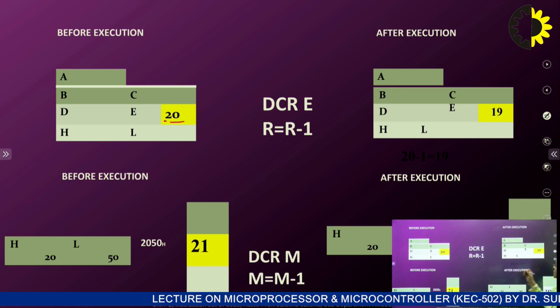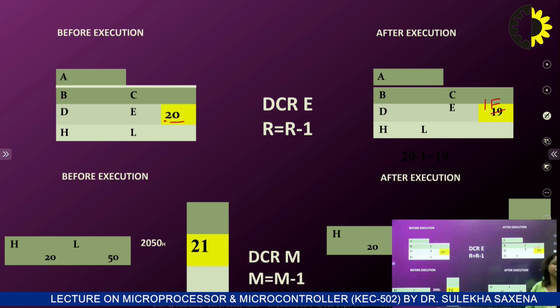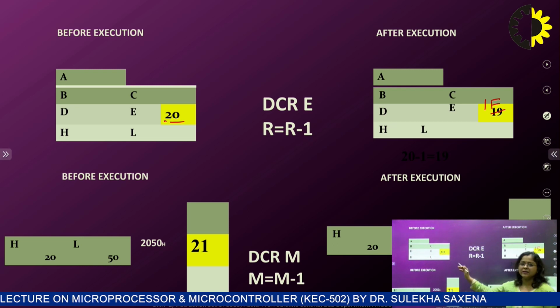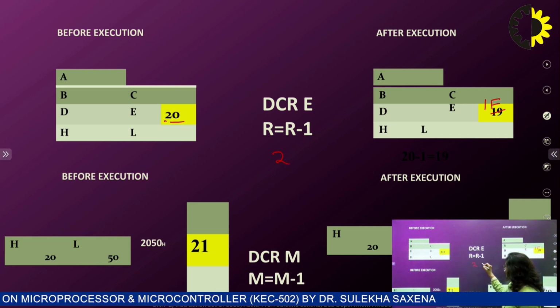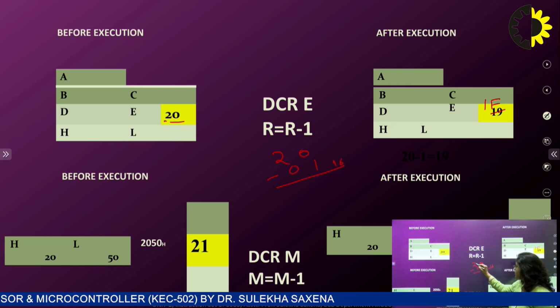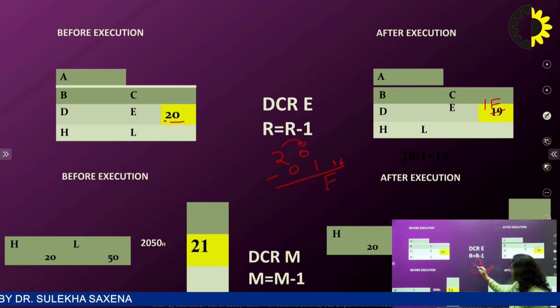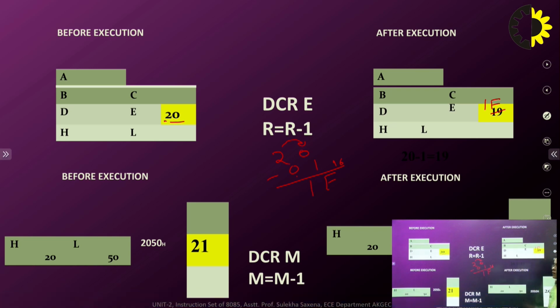Since it's a hexadecimal value, it will not be 19 but it becomes 1F. Since it's a hexadecimal value, 20 minus 01, the base of this number system is 16. So we have to take a borrow, which comes out to be 16. 16 minus 1 is 15, which becomes F, and 1 minus 0 is 1. So the result will be 1F.